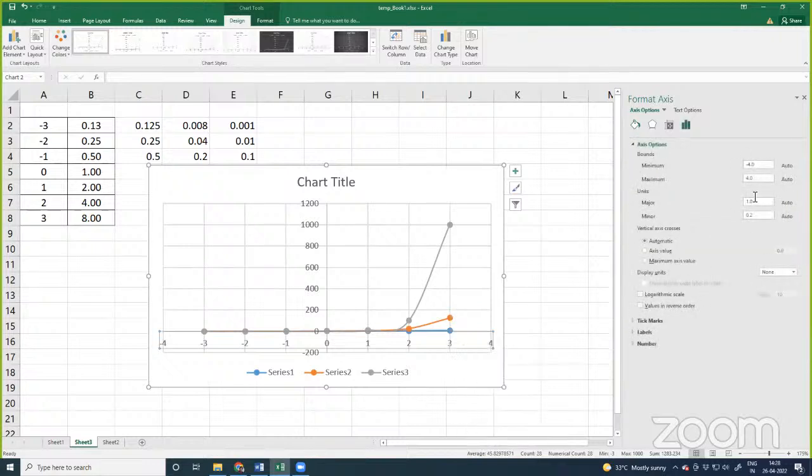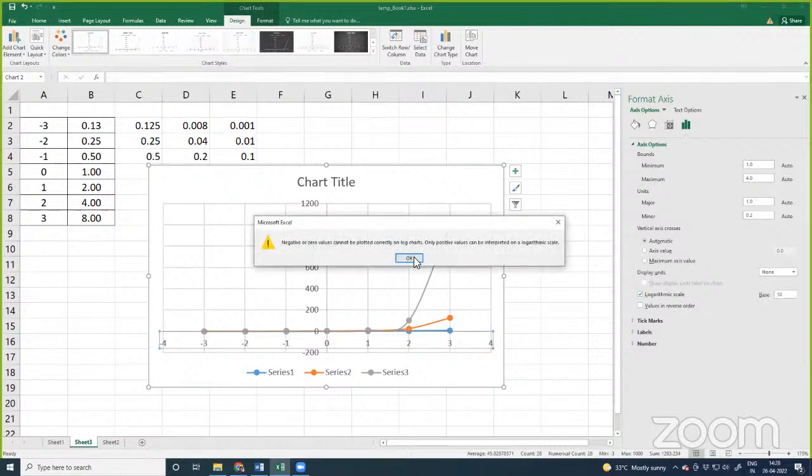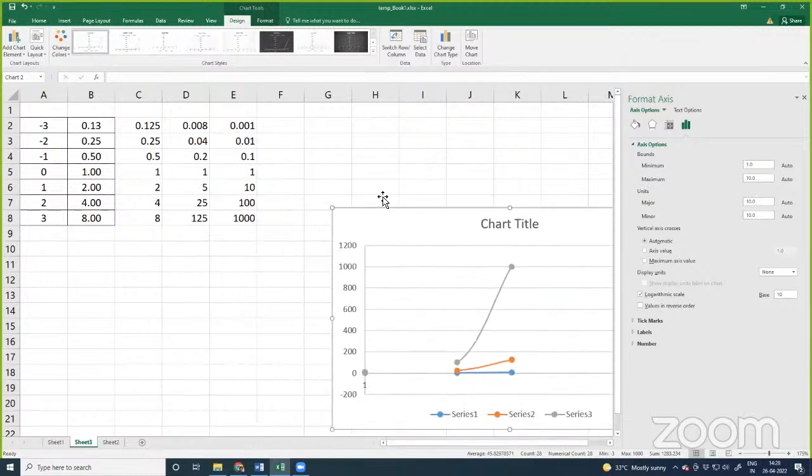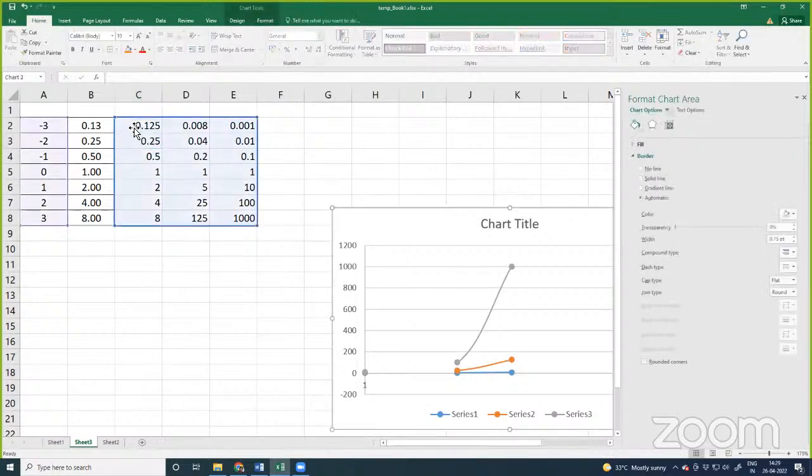Format axis. See how it has the same case. This is the line it has shown in a logarithmic scale. What I want to say is, while plotting, instead of choosing these values, you can choose any fractional values.